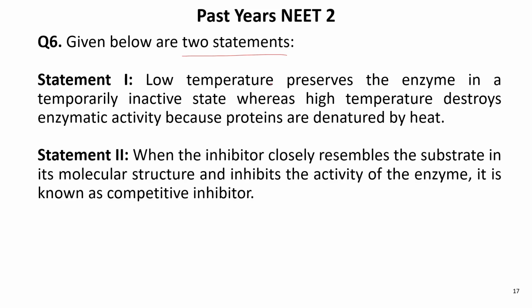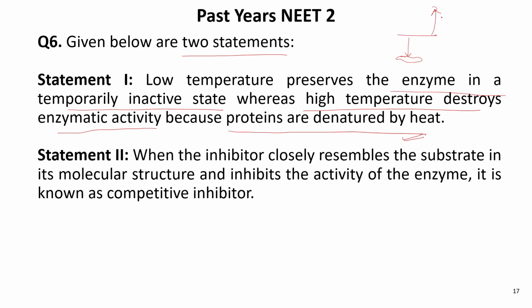Okay. Low temperature preserves the enzymes in a temporarily inactive state, whereas high temperature destroys enzymatic activity because proteins are denatured by heat. So what they are saying is, enzymes when stored at lower temperature are inactive, but they are preserved. What happens at the higher level?